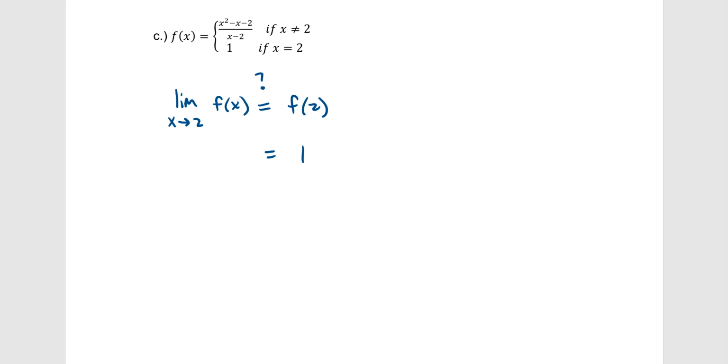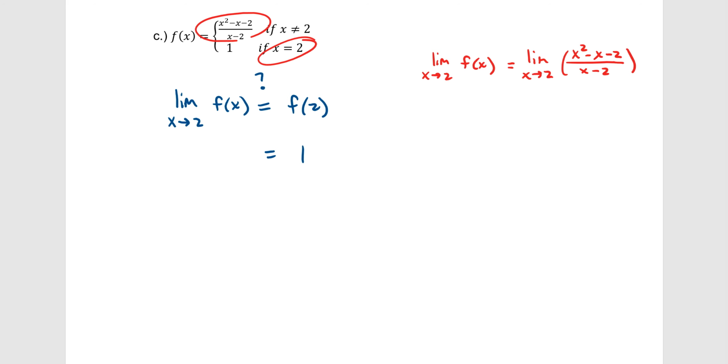So the limit, I'll do this on the side, the limit of f of x as x approaches 2, this is actually going to be the limit of this first function, and that's because when x is not 2, we are using this function. So we don't care what it is at 2 exactly, we just care what it is everywhere else. So we're using the first one, and we can go ahead and evaluate this.